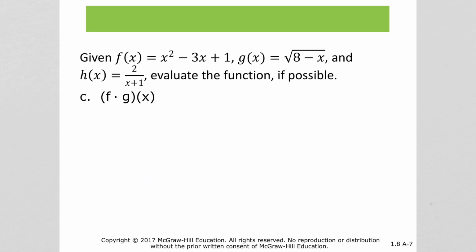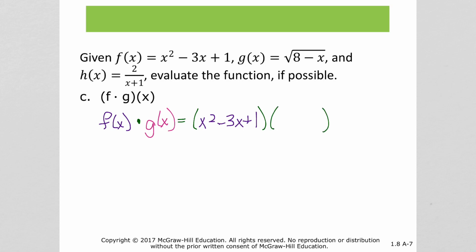Now let's go back over here, and we're multiplying. f of x times g of x. Okay, so f of x is x squared minus 3x plus 1, and g of x is the square root of 8 minus x.